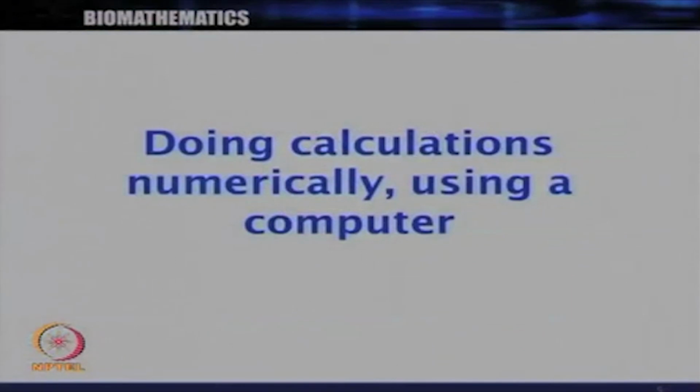Another thing is doing calculations using a computer. So, this can be done. There are many softwares like Mathematica which will help you if you want to do many of these calculations using a computer. I would not discuss how to use Mathematica, but let me write here this software called Mathematica, with which you can do analytical calculations using a computer.